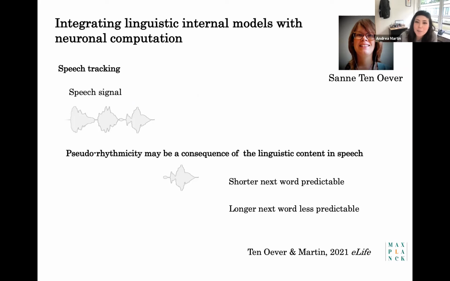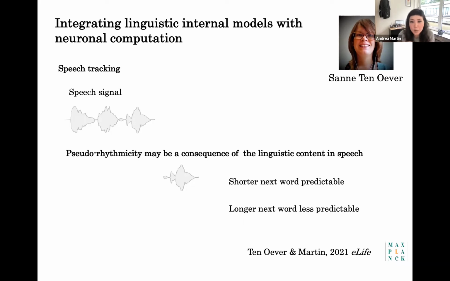So here, we want to see if these properties from neuroscience help explain how the brain can handle the pseudorhythmicity in speech. We know that amplitude modulations of syllables always fall within 4 to 8 hertz, the theta range, and we can also find these theta rhythms in the brain. That doesn't mean that they're necessarily related in a one-to-one way. And speech isn't isochronous, such that you can exactly predict the onset time based on temporal features.